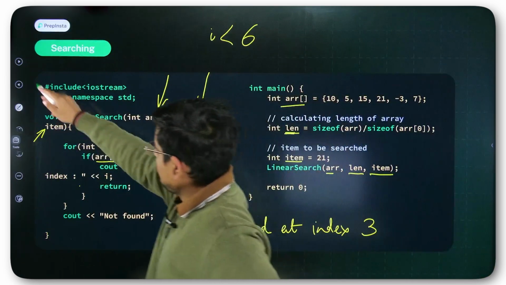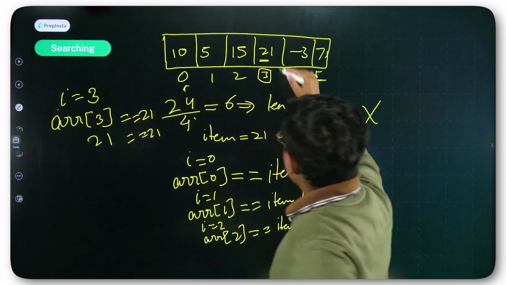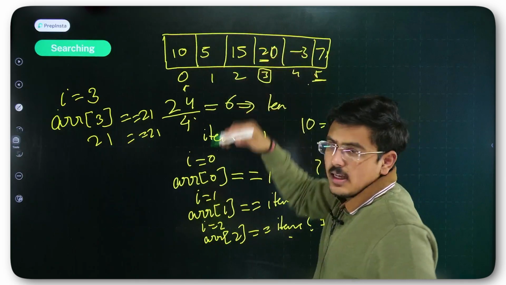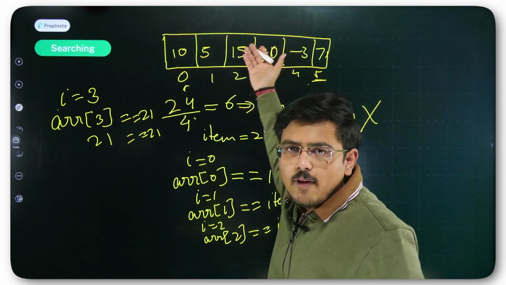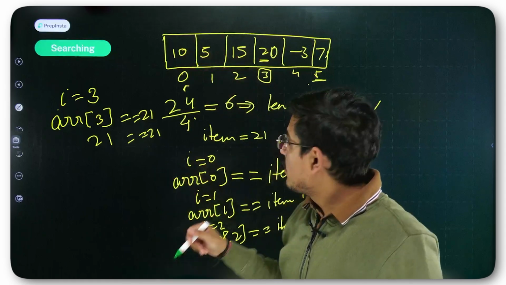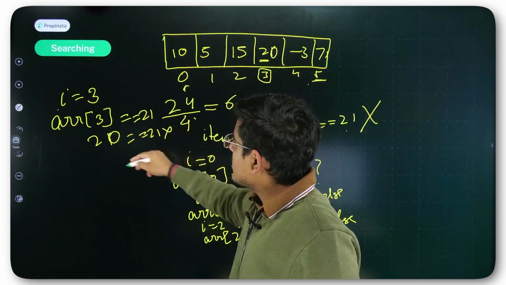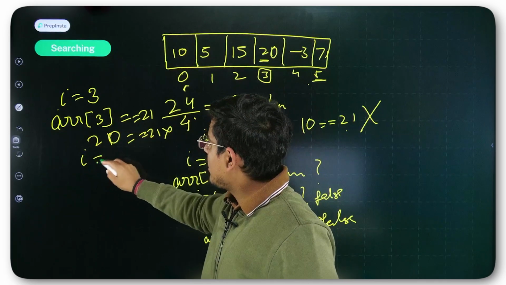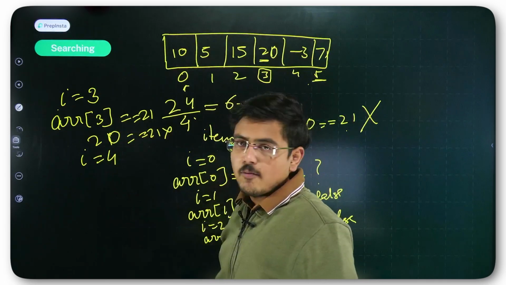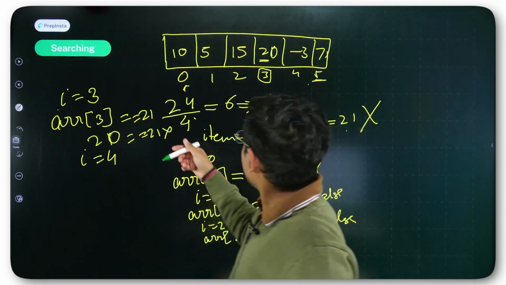Say that this value would have been 20, then what would have happened? This would have become false. We would again have incremented i and it would have become 4. What would happen after this?